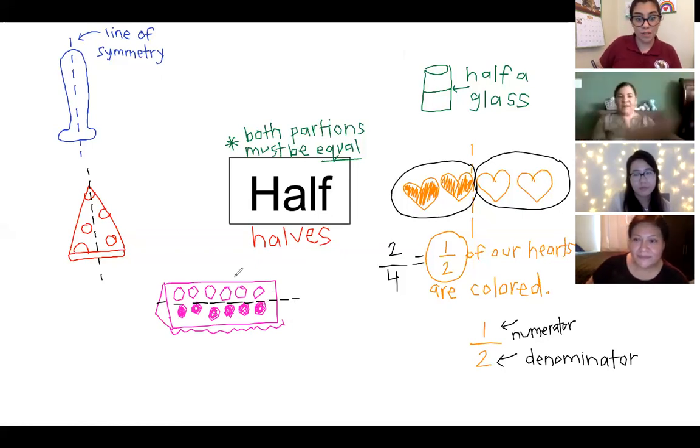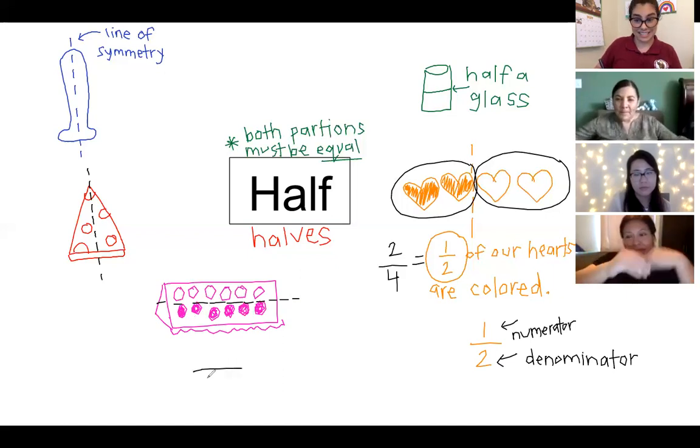So we have 12 or a dozen eggs. So this is half of the set, right? We have a whole set, but only half of them are shaded in. So we have 2 groups, the shaded group and the unshaded group. And how many are shaded in?